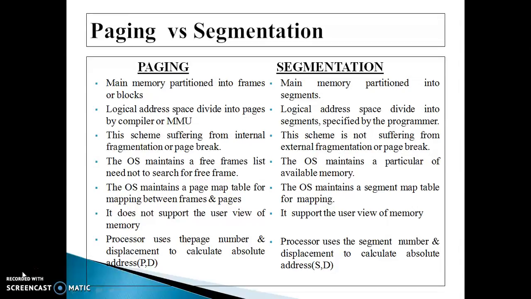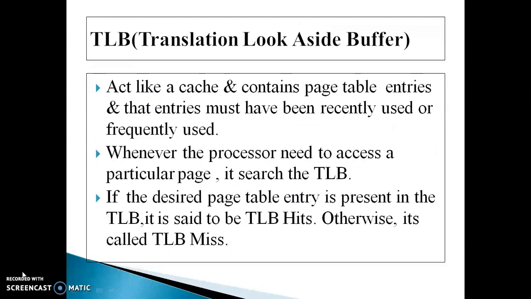In paging, the processor uses the page number and the displacement to calculate absolute addresses, that is P and D, whereas in segmentation, the processor uses the segment number and displacement to calculate the absolute address, that is S and D. This is a comparison between paging and segmentation.